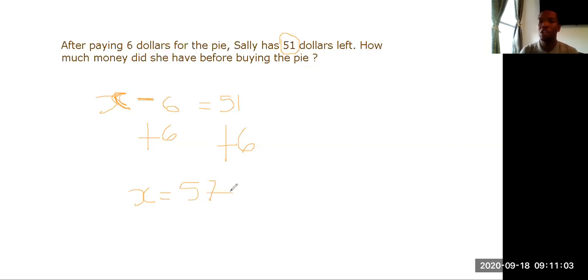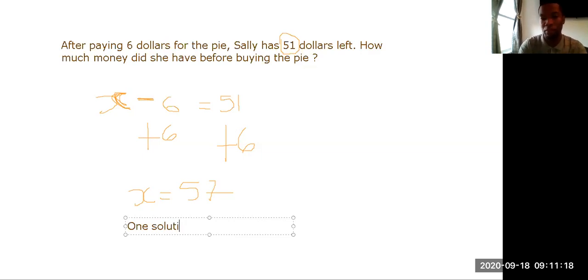So we could say she went to the store with $57. And then now we could say this equation has one solution, because it's X equal to 57. All right, that's how we're going to turn a word problem into an equation and then solve for it.